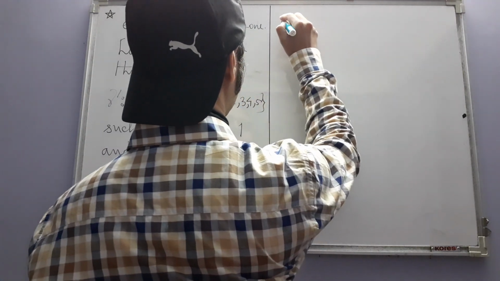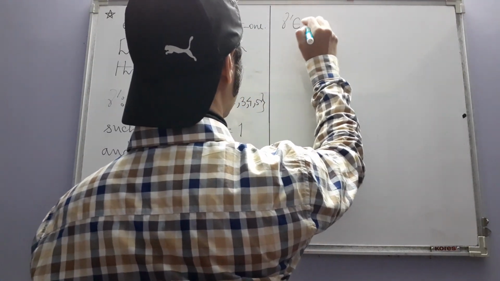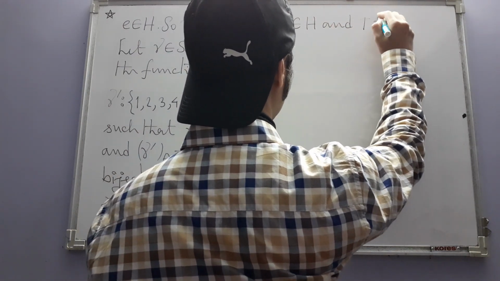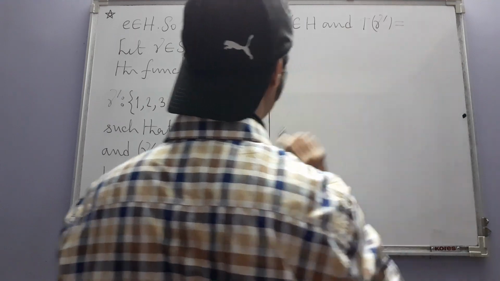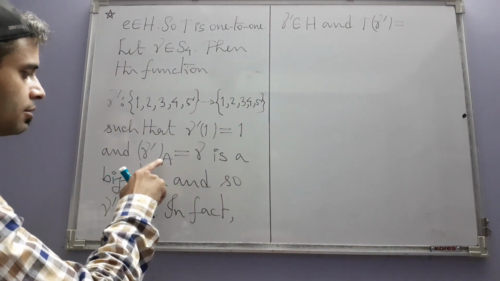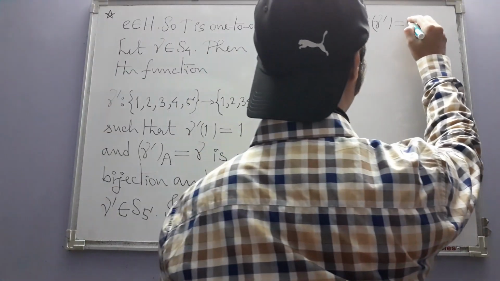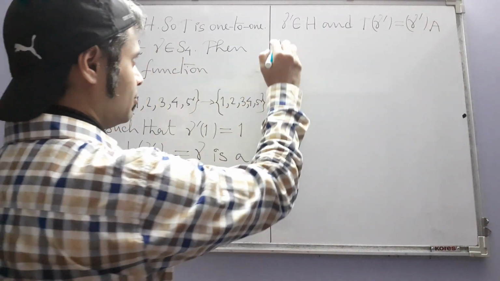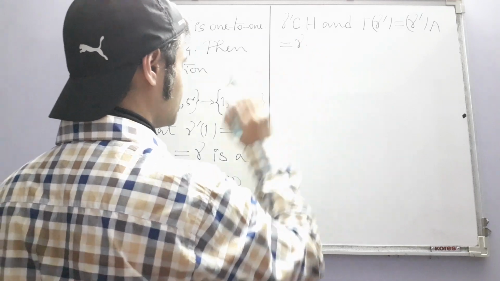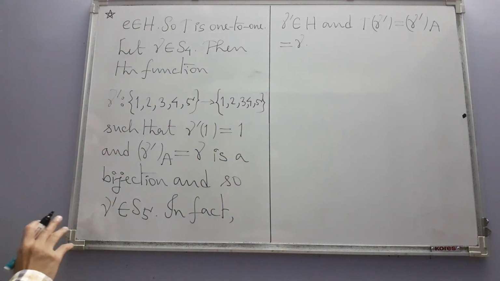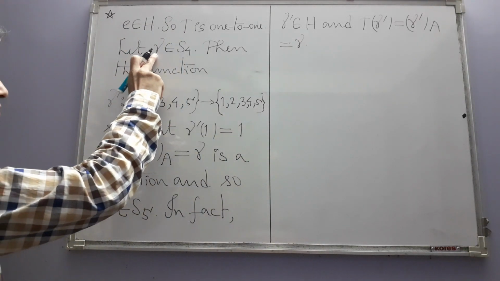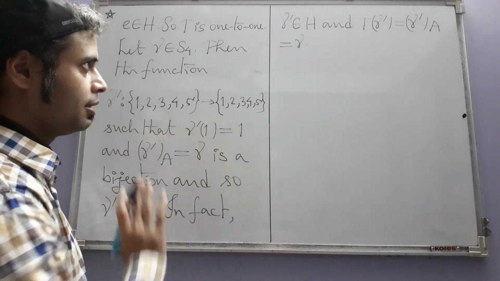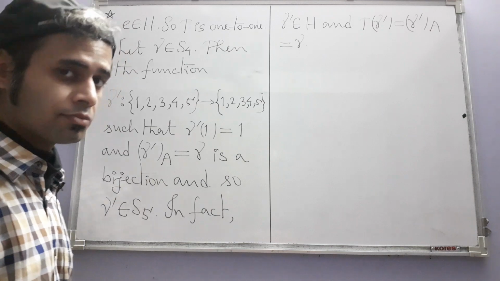In fact, gamma prime belongs to H, and what is T of gamma prime? T of gamma prime by definition is this restriction of gamma prime to A. And that by the very definition of gamma prime is nothing but gamma. So this shows that for any element gamma in S4, we have an inverse image gamma prime in H under T of that gamma.